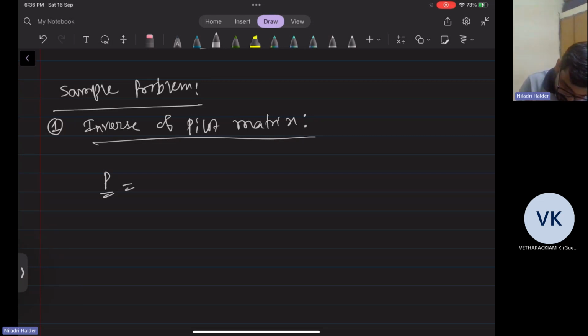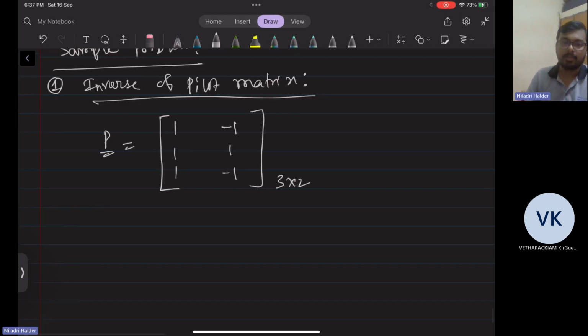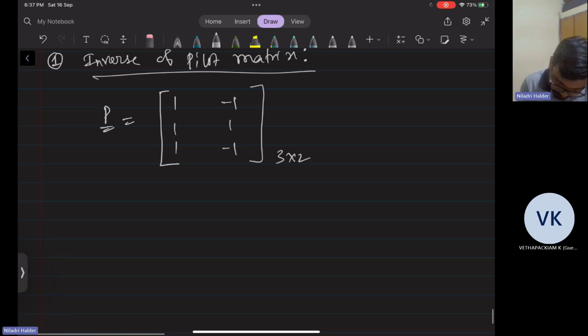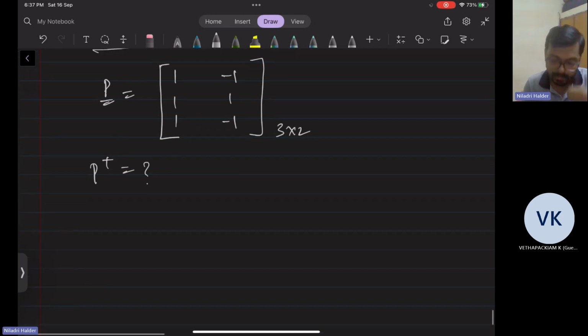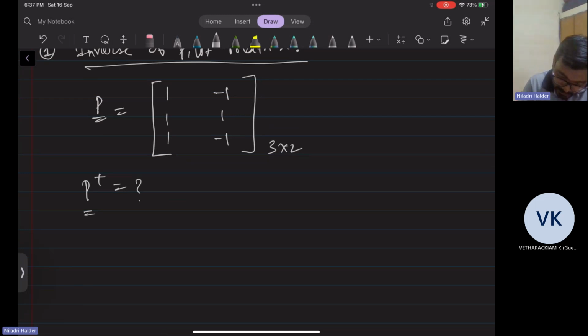So let's take a pilot matrix. Okay, P is a 3 cross 2 matrix. Let us take 3 cross 2, suppose 1 1, 1 minus 1, 1 minus 1. Let us take this matrix 3 cross 2, and find the pseudo inverse of P. So see here, this P is full rank.